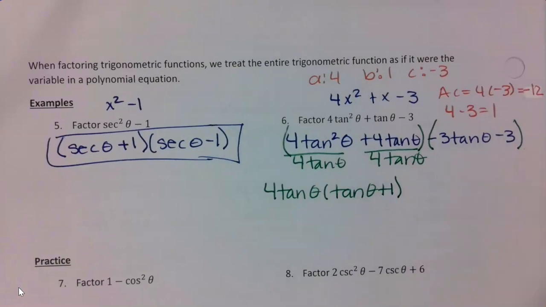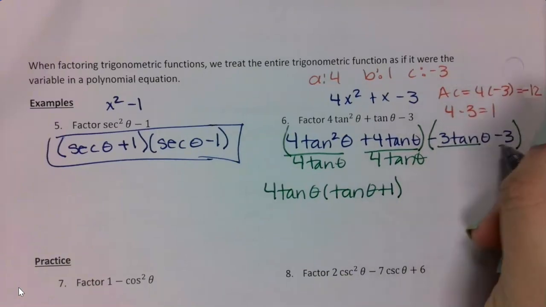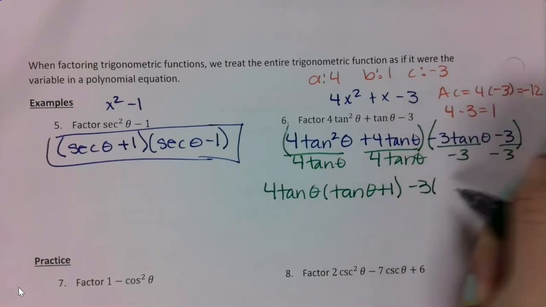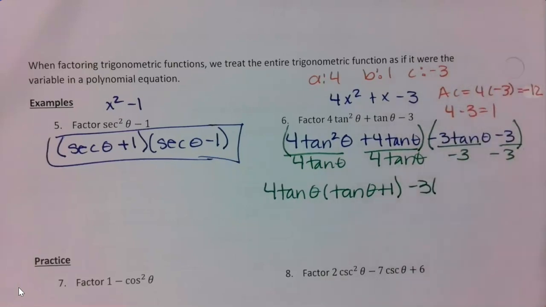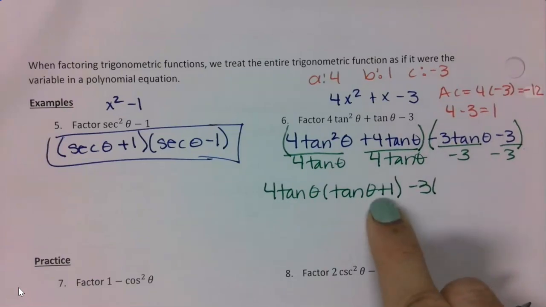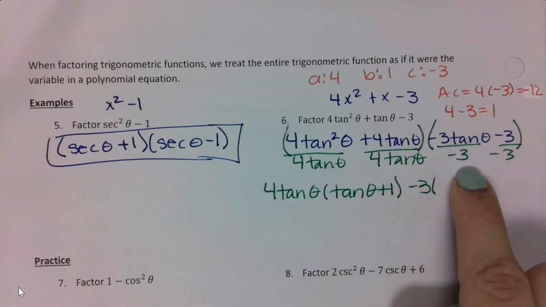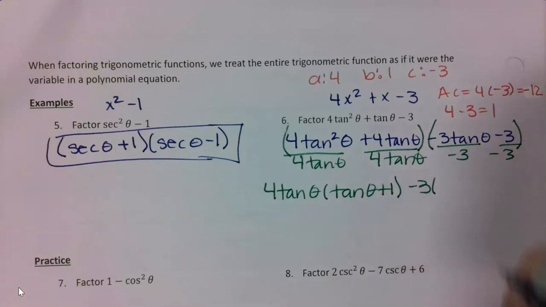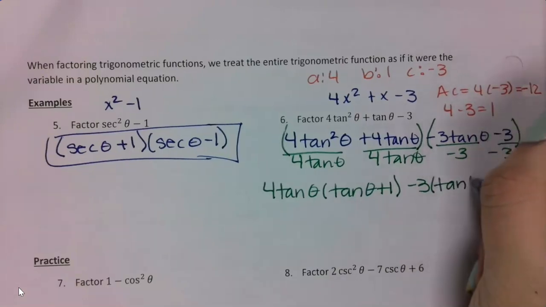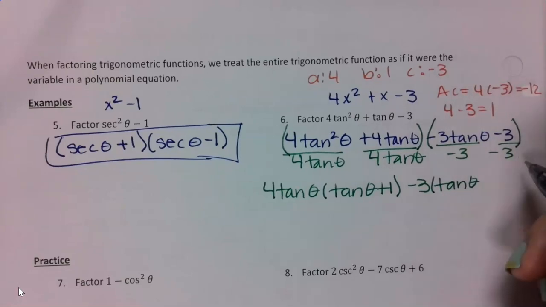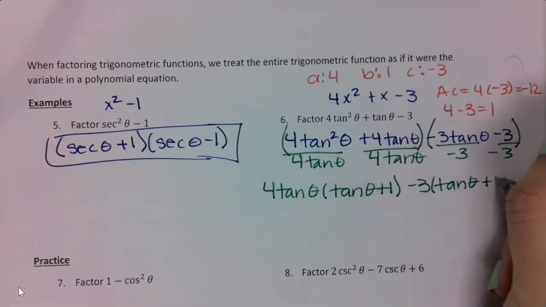Then on my second group, what should I take out? Negative 3. What is negative 3 tangent divided by negative 3? Tangent. Negative 3 divided by negative 3, plus 1.